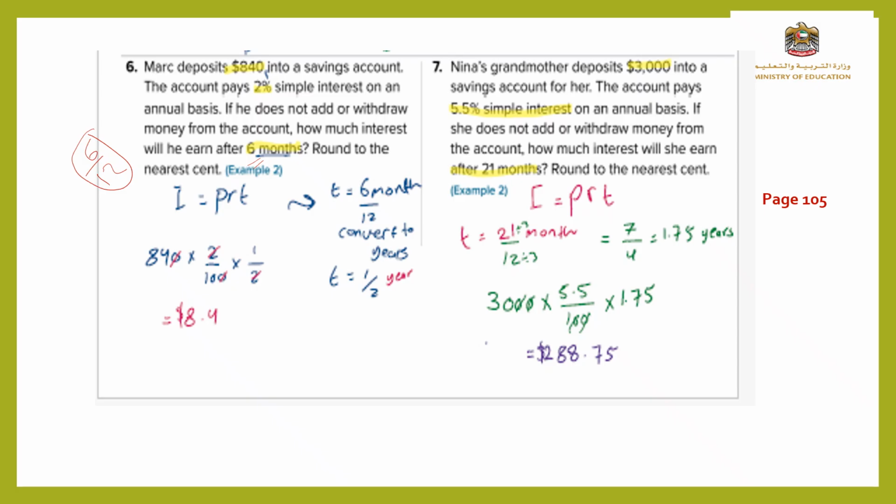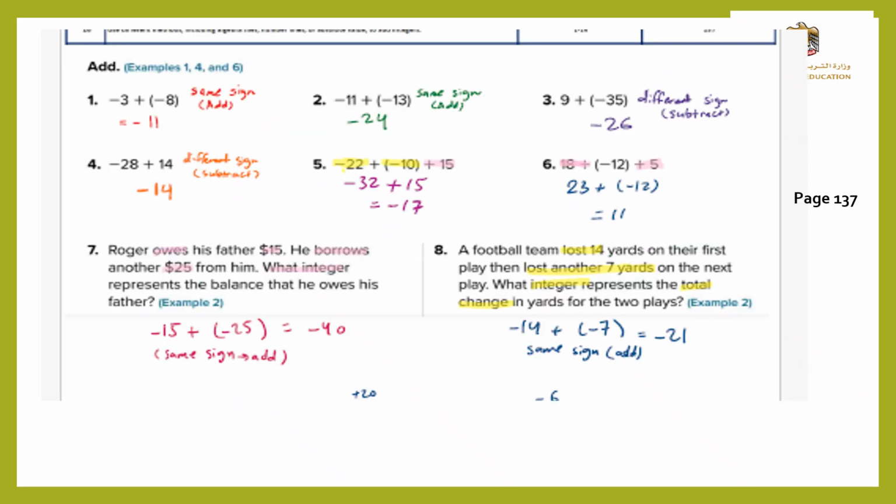Instead of this you can write 6 over 12, then also you can find it. Okay, so in the case of months, be careful, use this 12. Here you see in this question they have given you 21 months, which means 21 over 12. Okay, instead of T you have to write 21 over 12 and do the calculation. So that's about finding simple interest.